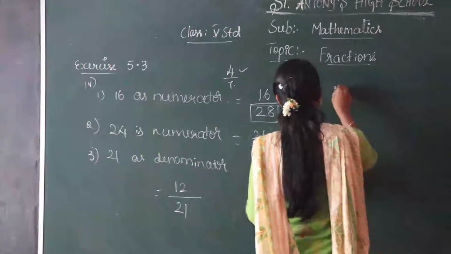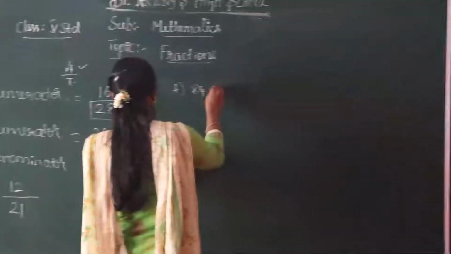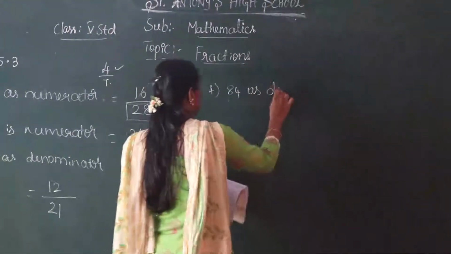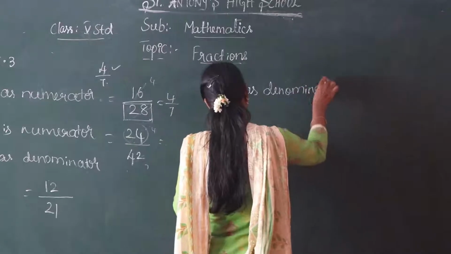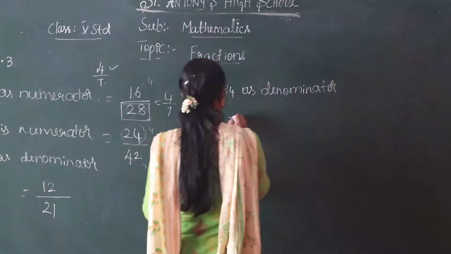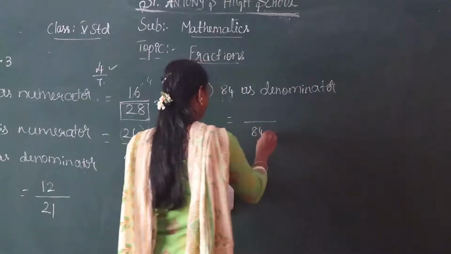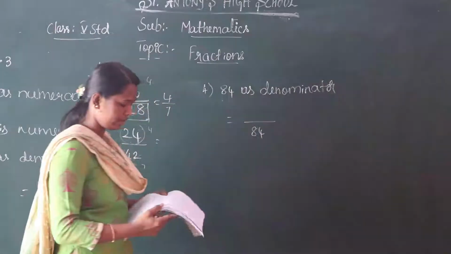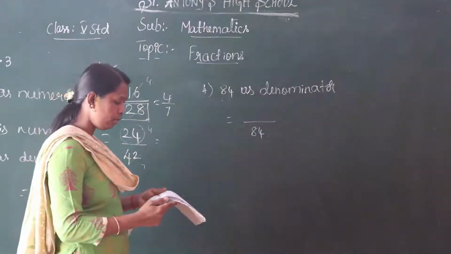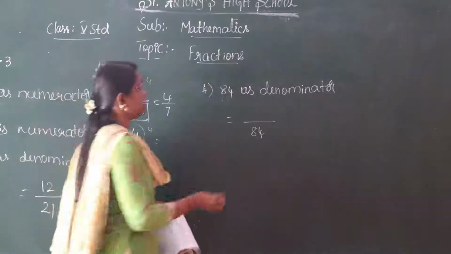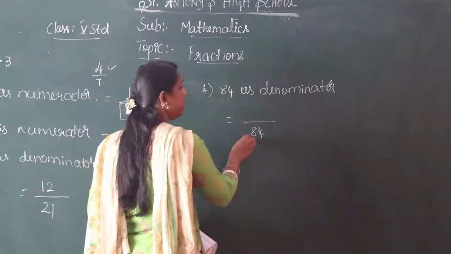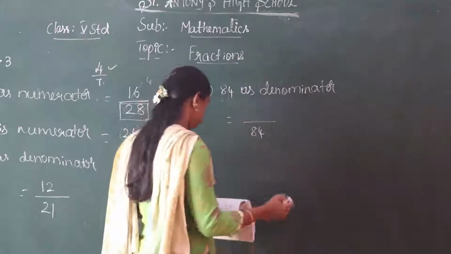Next sum, 84 as a denominator. So 84 as a denominator. So in which table is it, in the 7s table? So we can take 7 10s, 7 11s, like that, 7 12s.